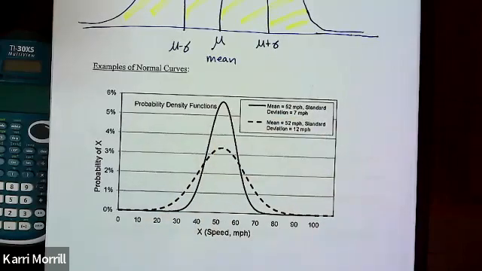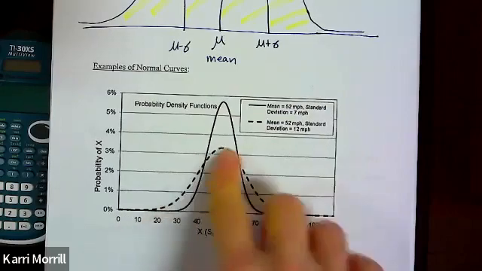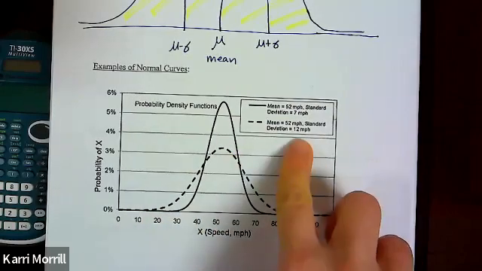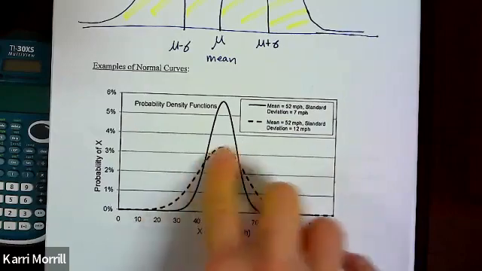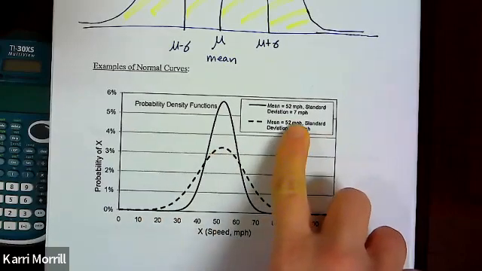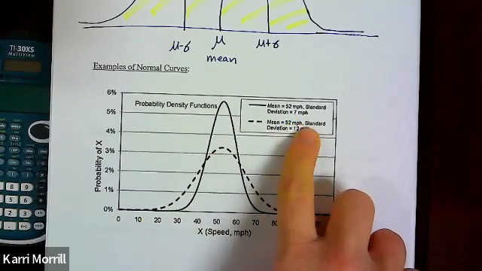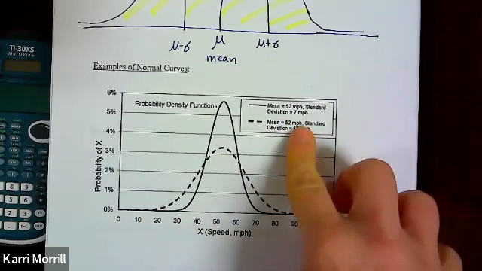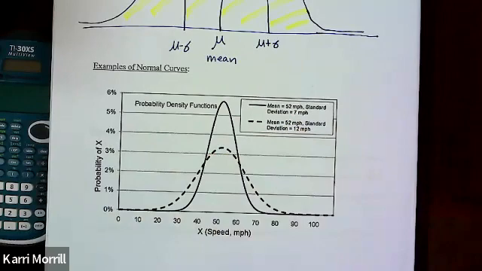And then the flatter line is 52 miles per hour with a standard deviation of 12. So you can tell that when the standard deviation is smaller, it makes the curve tighter. Let's go ahead and turn the page.